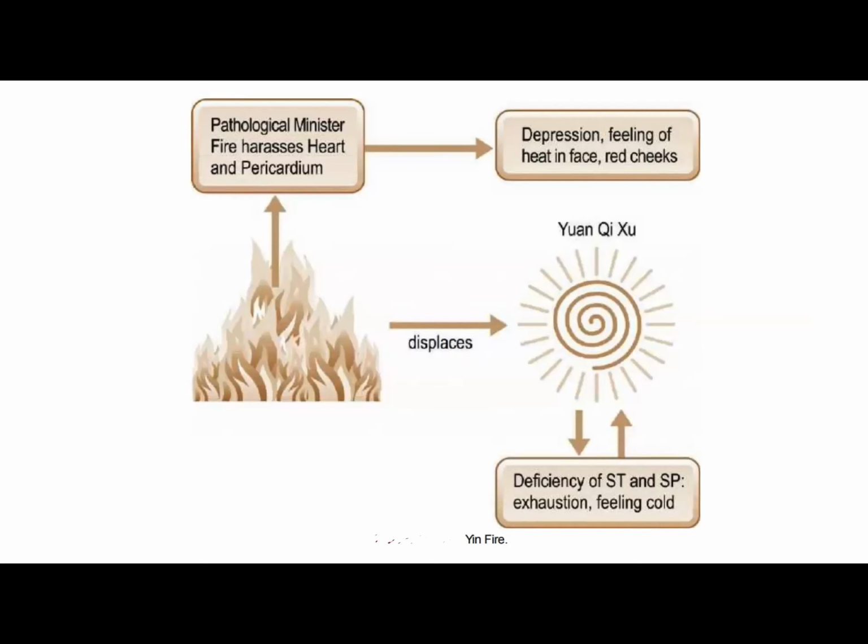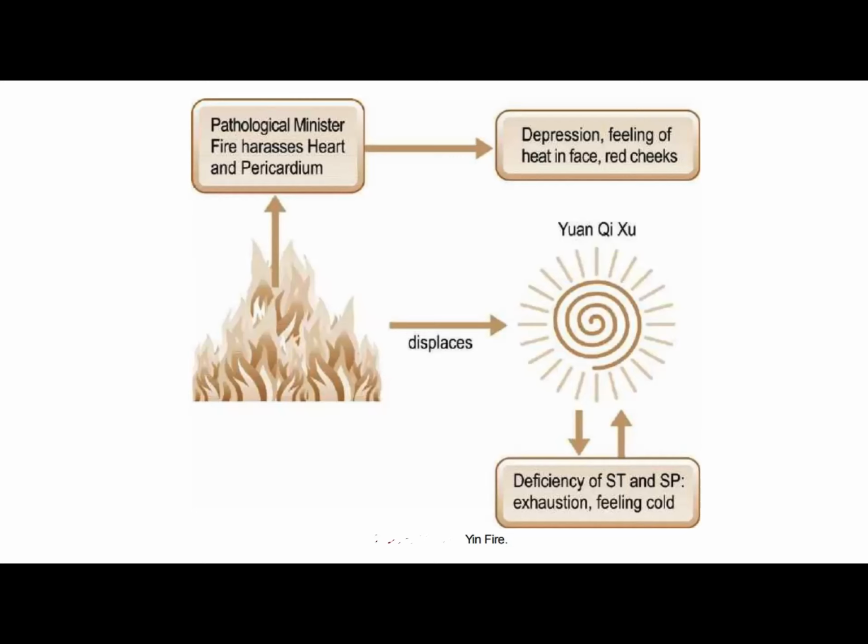So every time there is stress, there is harassment of the heart and pericardium because of the stimulation of the pathological minister fire. As a result of this, there will be depression, feeling of heat in the face, and red cheeks. And the pathological minister fire actually displaces the yuan qi.